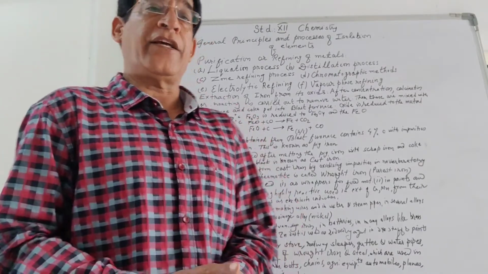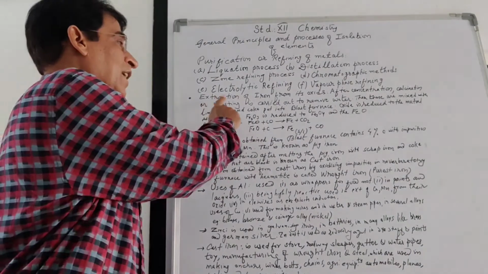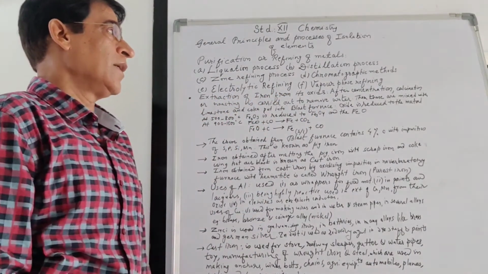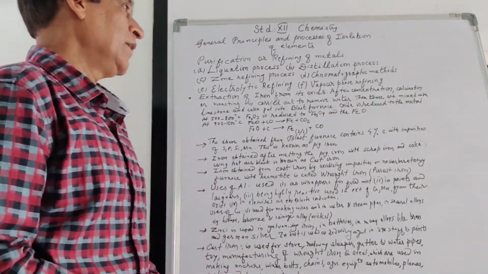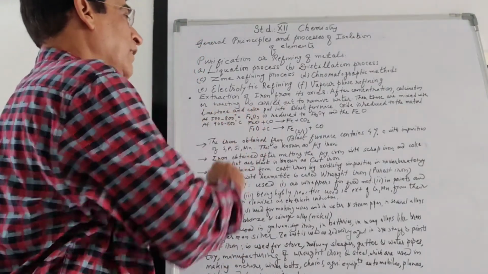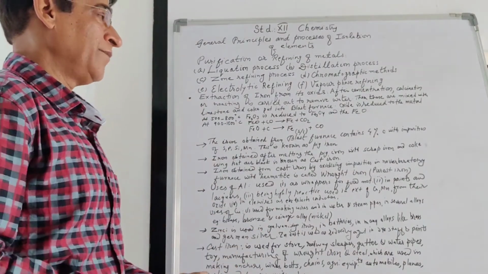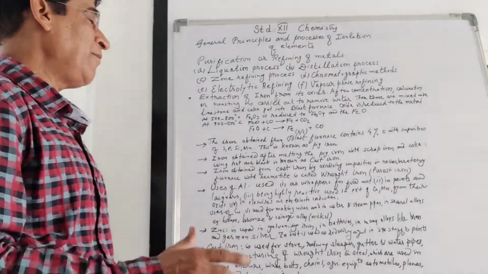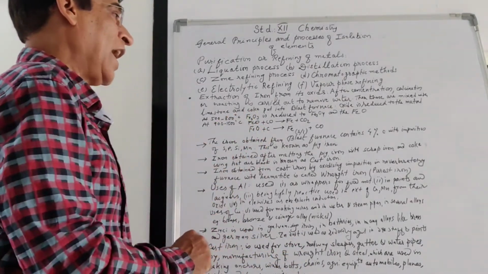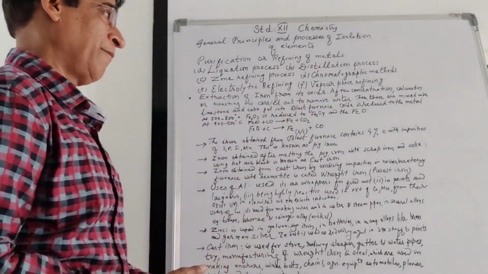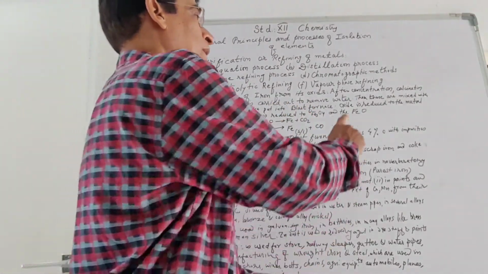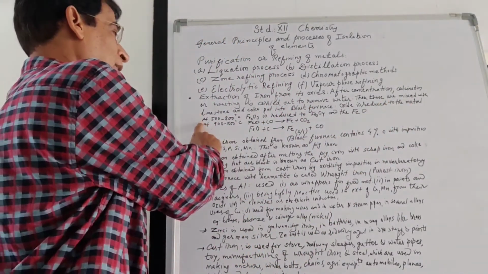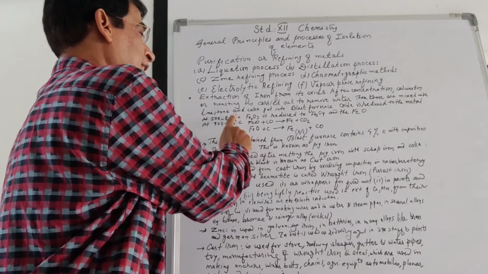Now, next topic is extraction of iron from its oxide. After concentration, calcination or roasting is carried out to remove water. Then these are mixed with limestone and coke and put into blast furnace. Oxide is reduced to the metal at 500 to 800 degrees Celsius.